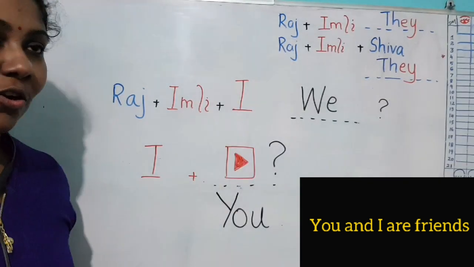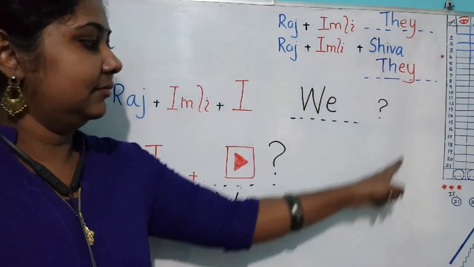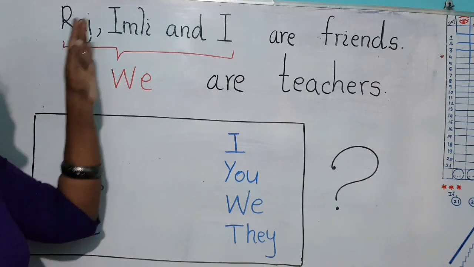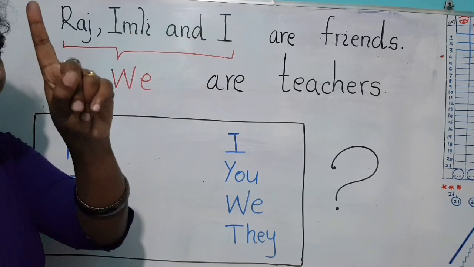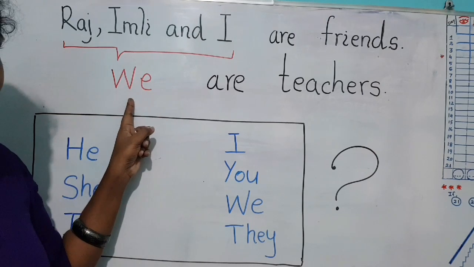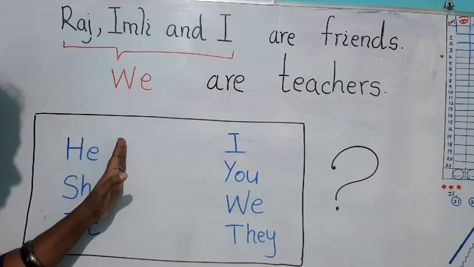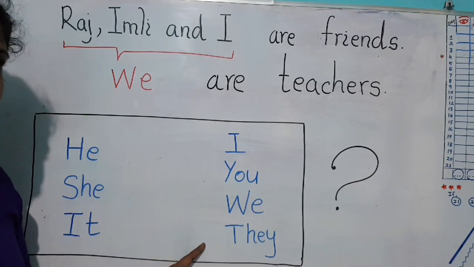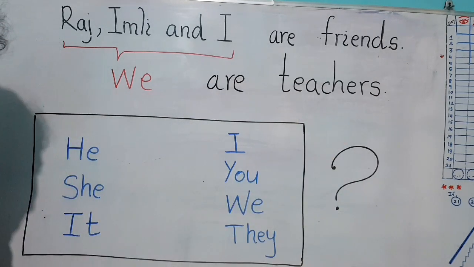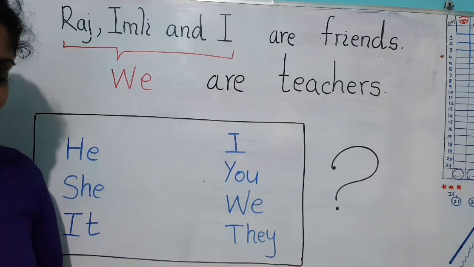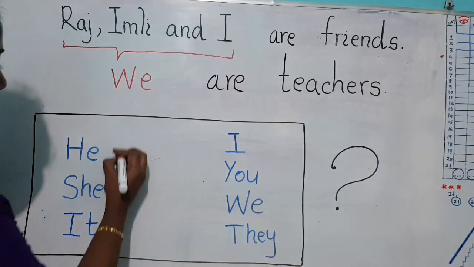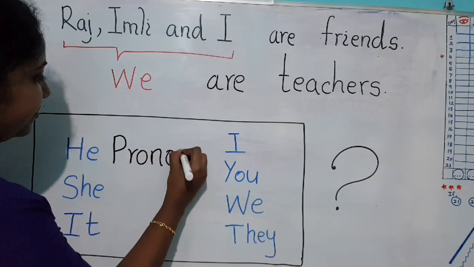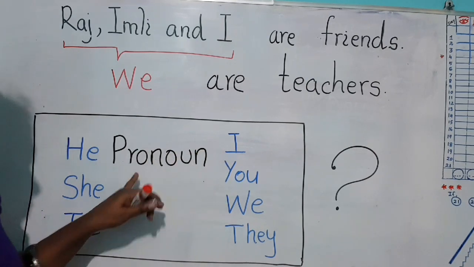Okay. Copy down. We. Raj, Emily and I. One word. We. Okay. Right. He, she, it, I, you, we, they. What are these? Pronoun.